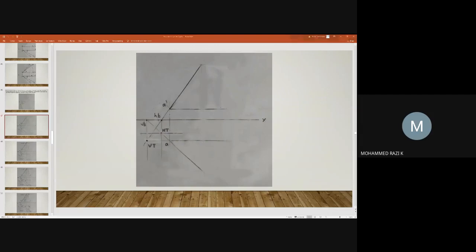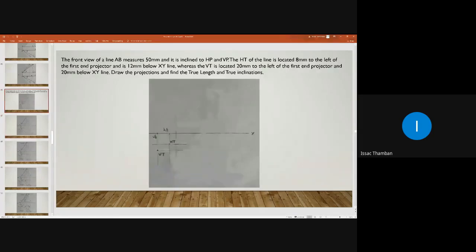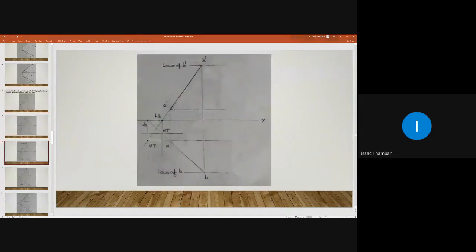No, sir. Okay. So we obtained the position of A dash and A. Then what next? In the question, it is given that the elevation length is 50 mm. So you can mark that. Here we obtain the position of A dash.